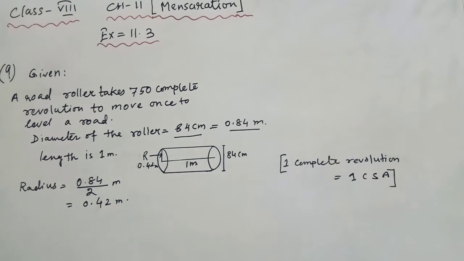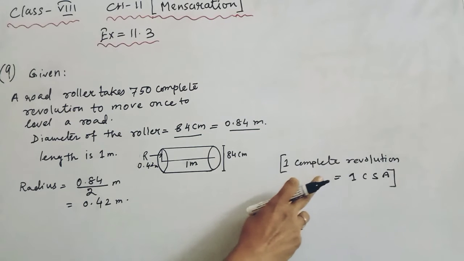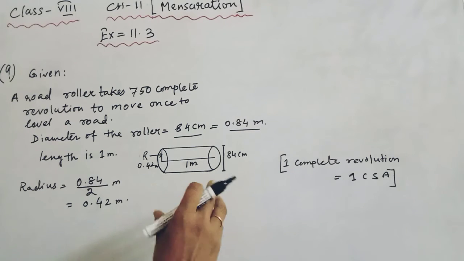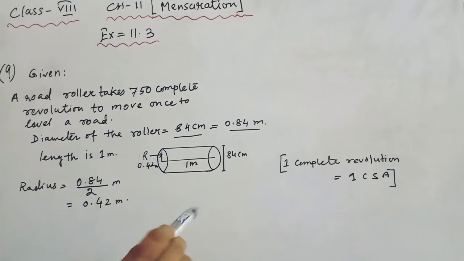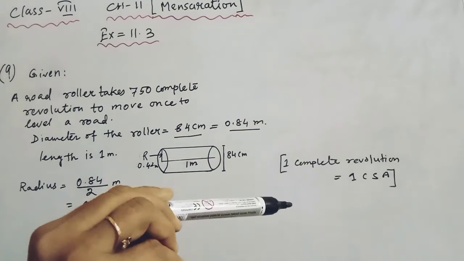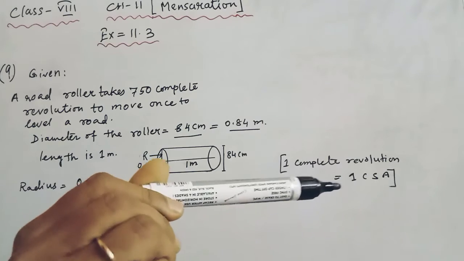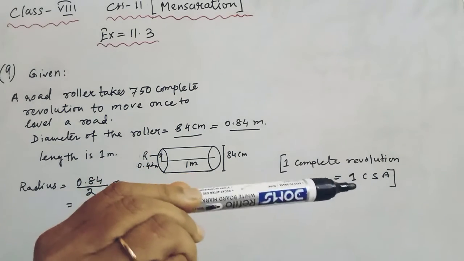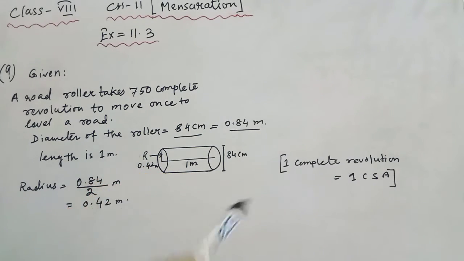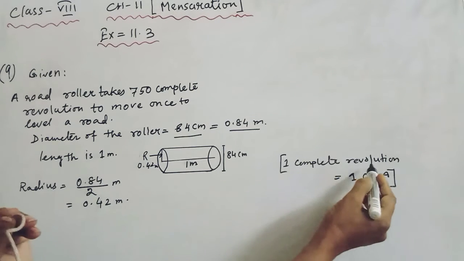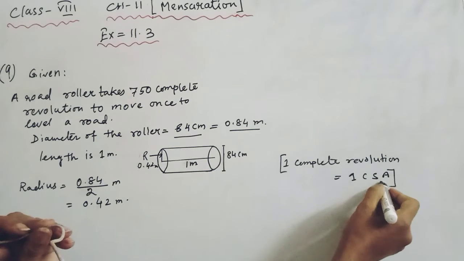Now the concept is, when a road roller, which is a cylindrical shaped object, makes one complete revolution, it will cover its one CSA. That means one complete revolution is equal to one curved surface area.